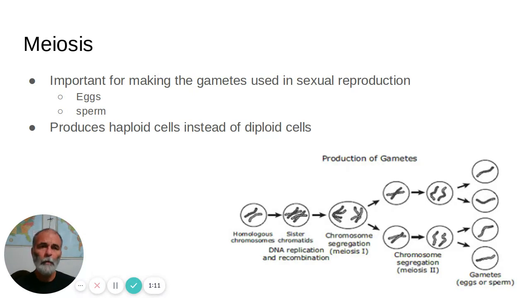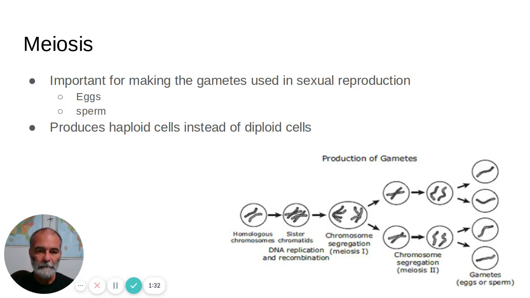So first of all, what is meiosis? Meiosis is a process that makes gametes that are used in sexual reproduction. Eggs and sperm cells are the two different kinds of cells that are made in meiosis. It takes diploid cells and turns them into something called haploid cells.